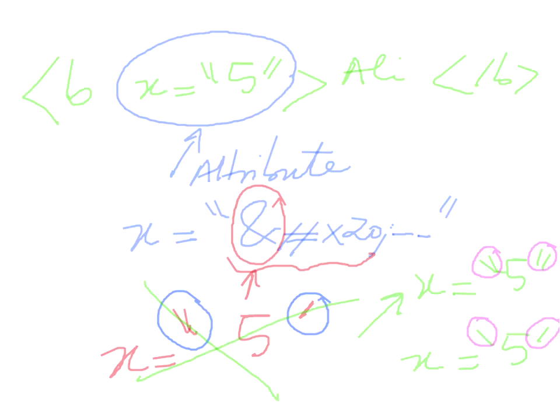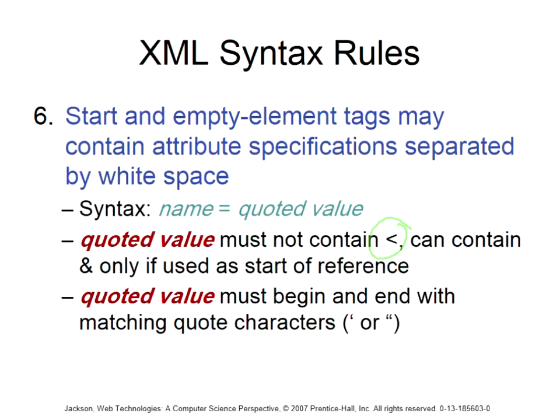Okay. Also, for this attribute, I can write, for example, x equal 5. Here I use this character, and here I use another character. This is an error.